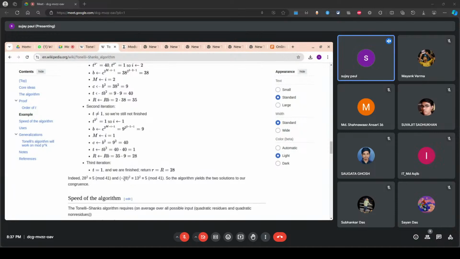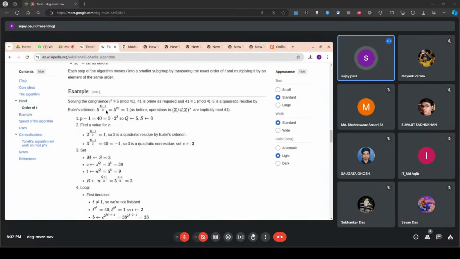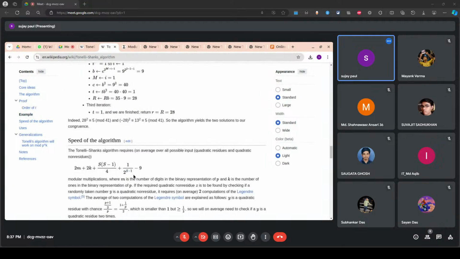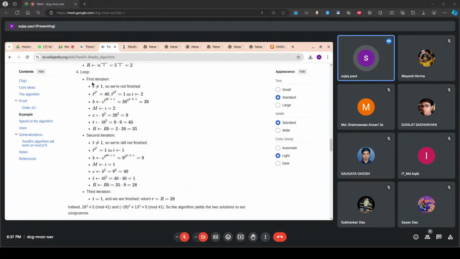So hence, minus and plus 28 square is equal to our value, that is 5. Okay. So I will request all of you kindly do the math in your exercise book.